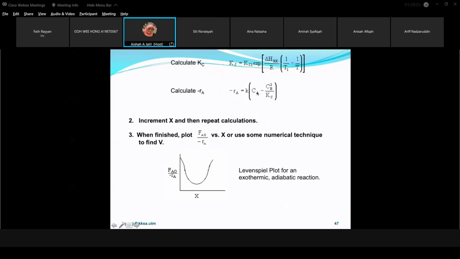So Kc equals Cb squared over Ca. If you put Ca in terms of Ca naught and Cb also in terms of Ca naught, you can get the Kc because you can calculate the Ca naught. And if you know the X, you can calculate the Kc. Finally, this is the reversible plot. You can see this one.